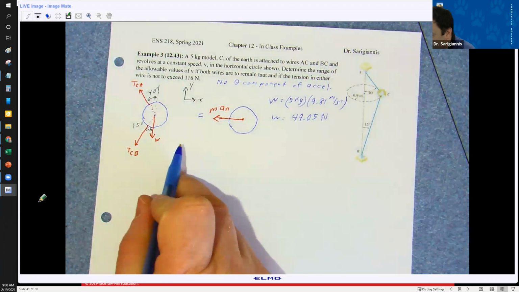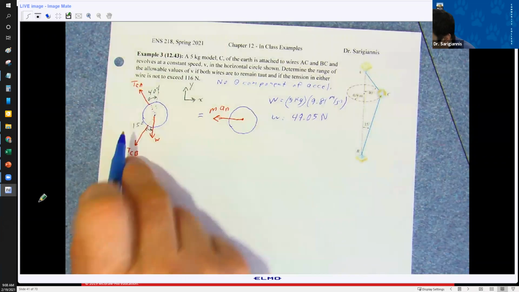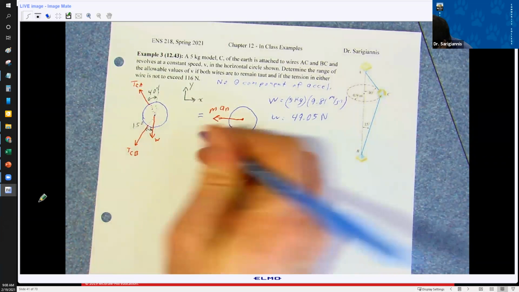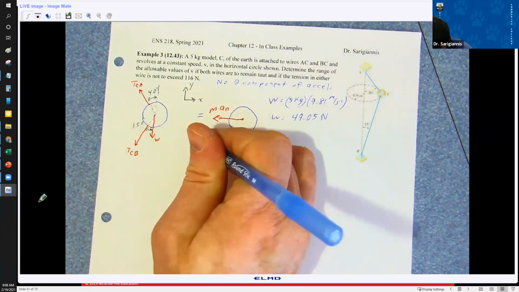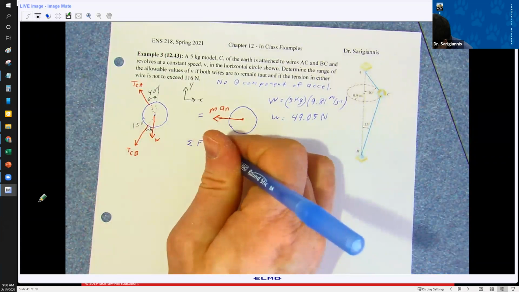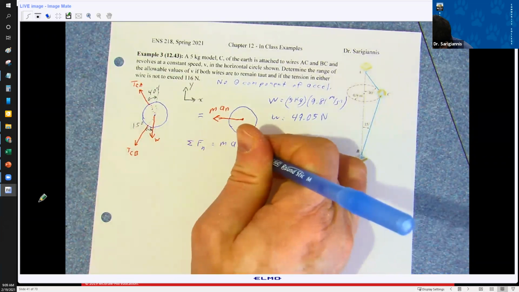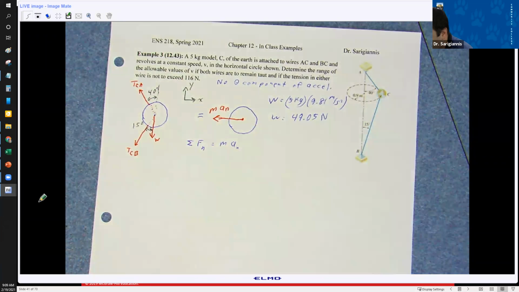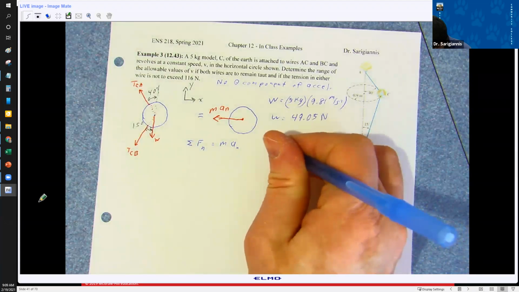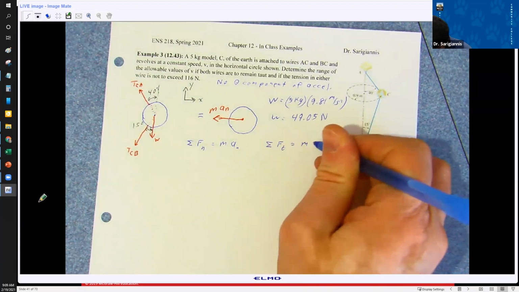All right, so the two equations we really need to look at initially are, if we look at this force balance or force to kinetic diagram, we've got two things going on. The sum of the forces in the normal components equal mass times acceleration normal. And I just want to write this out, so don't worry about this yet. The sum of the forces in the tangential direction are m a tangential.